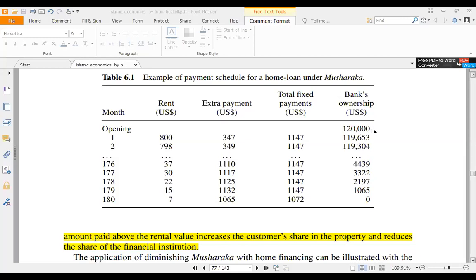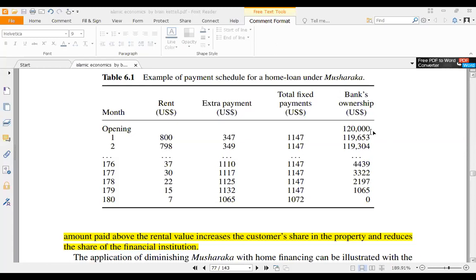Because the customer's share in the home is 20% and the bank's share is 80%. Okay. Now we subtract the extra payment of 347 from the bank ownership of 1,20,000.